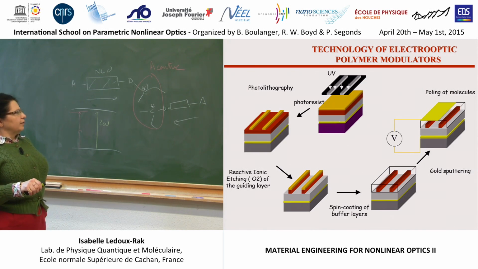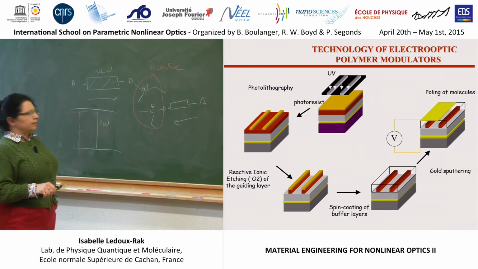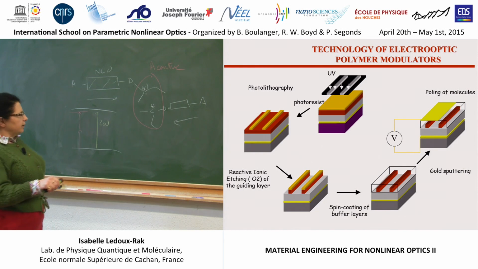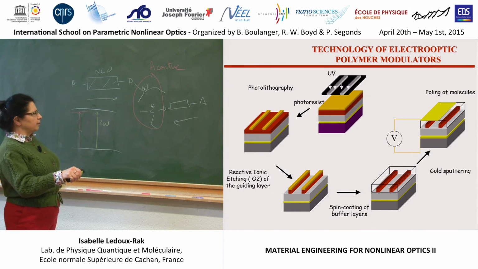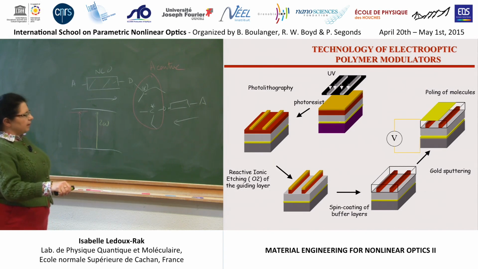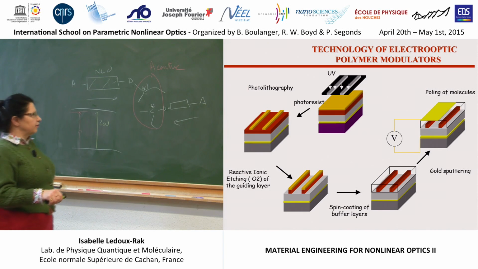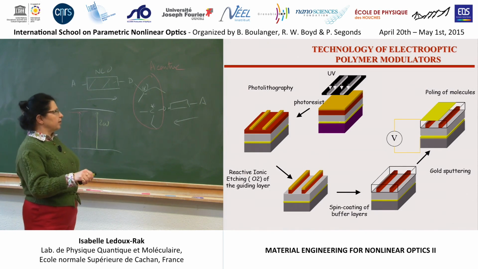After development of the photoresist, you have this resist above this part, and etching can remove all the material except the part which is below the protecting resin. This is so-called reactive ionic etching, which is used for such kind of systems.